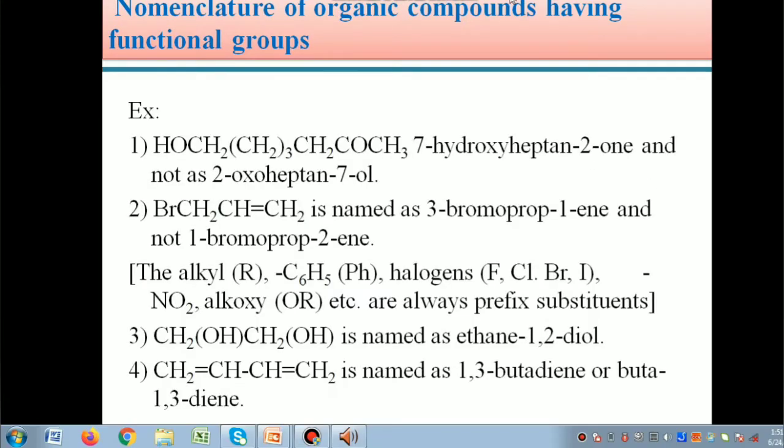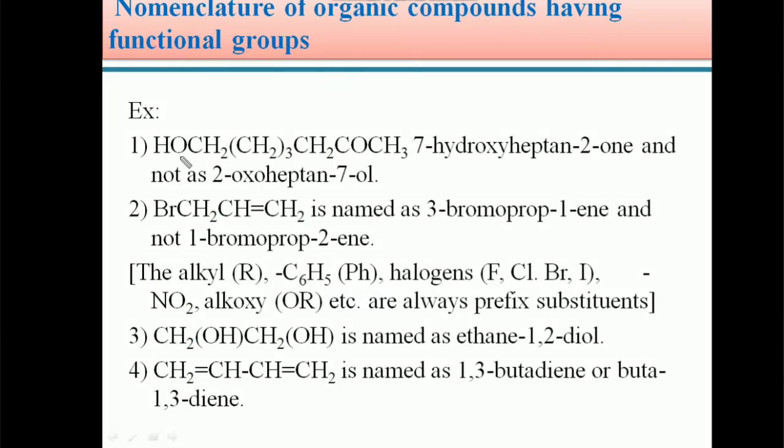For example, students, if you see CH2OH, CH2 thrice, CH2COCH3, this is the given organic compound. It has two functional groups. In this compound, an OH alcohol functional group is present and a C double bond O keto functional group is present.